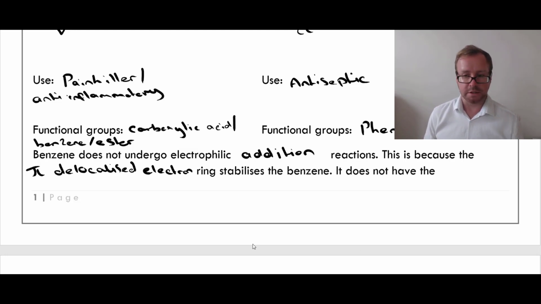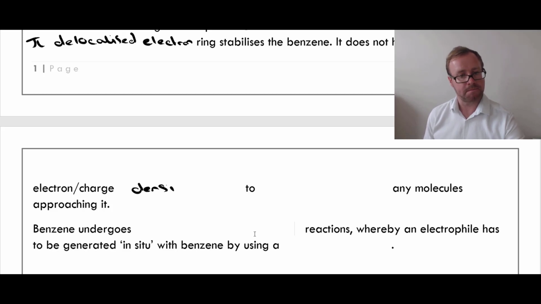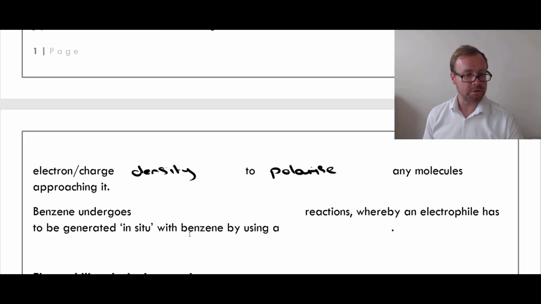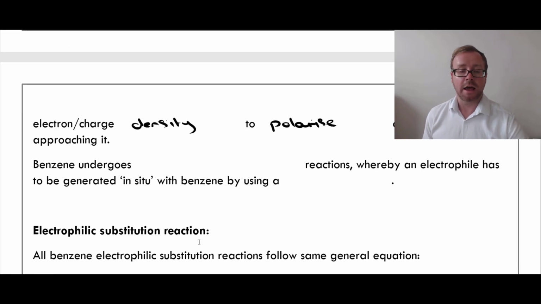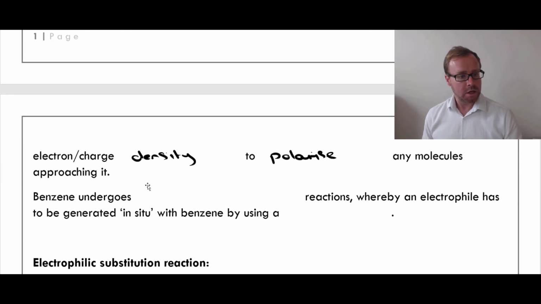It does not have the electron charge density to polarize any molecules approaching it, and I'll just stop there. If you're unsure about what I've said here, just watch the previous video on benzene and that will explain it.